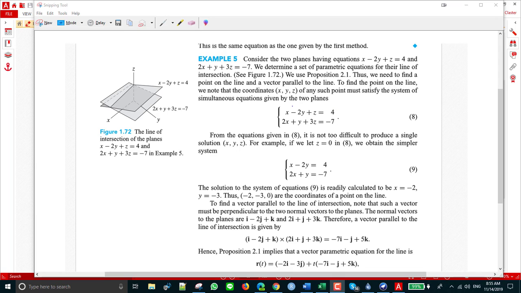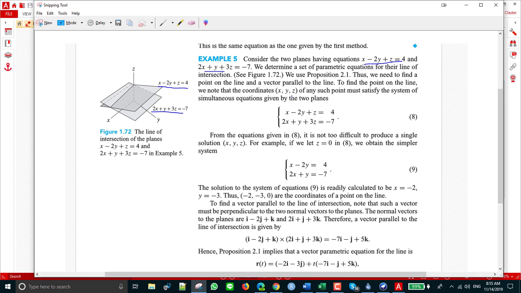So we need to get a point, and we need to get a vector. We need the P0 and we need the A. So if we're given the equations of these two planes, we need to get a point first.